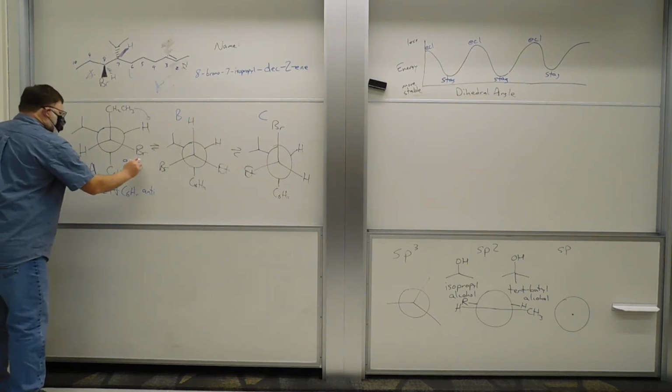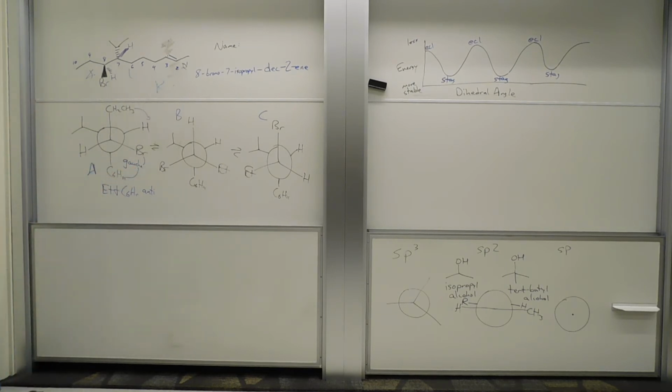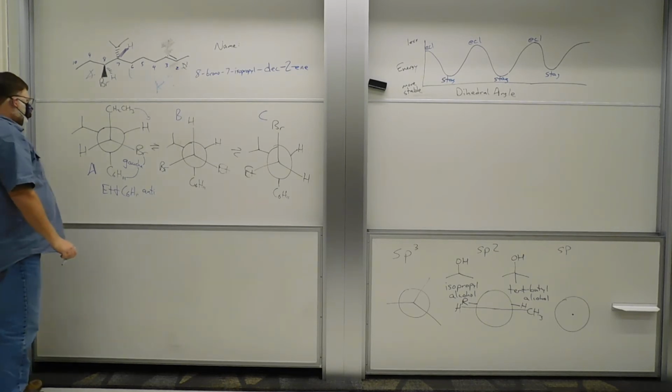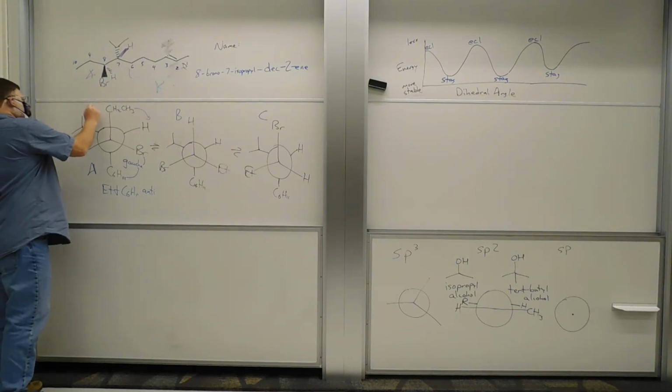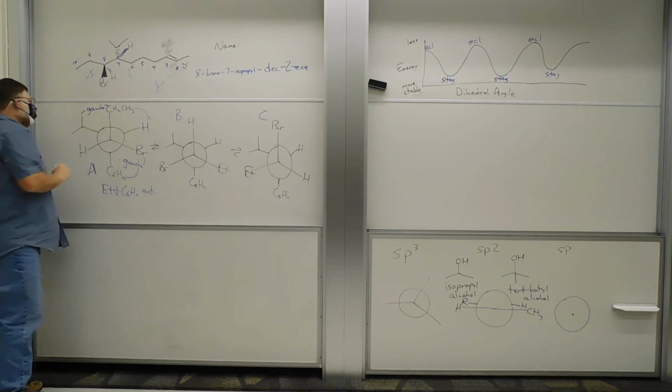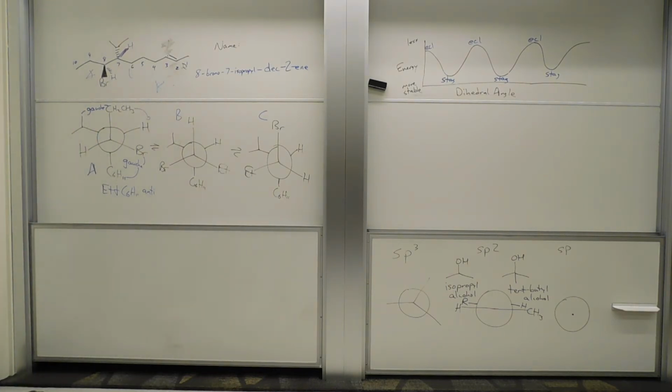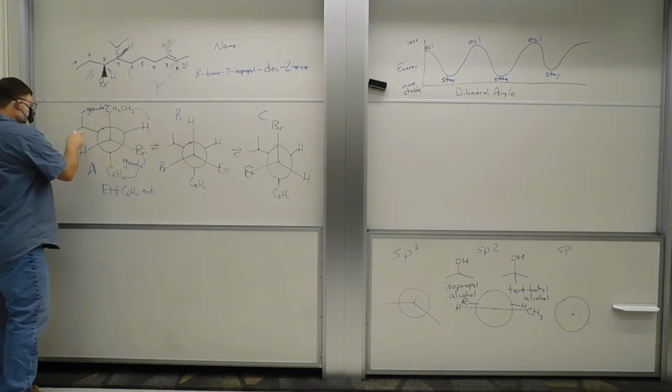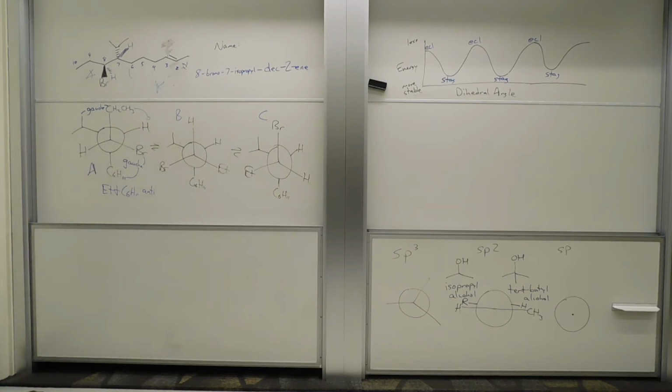The other relationship we have is a gauche relationship. C6H11 is gauche to bromine. The isopropyl is gauche to the ethyl in A. In every Newman projection looking down a carbon-carbon single bond, there will be 6 gauche interactions.